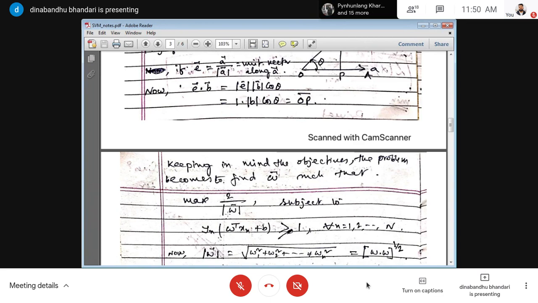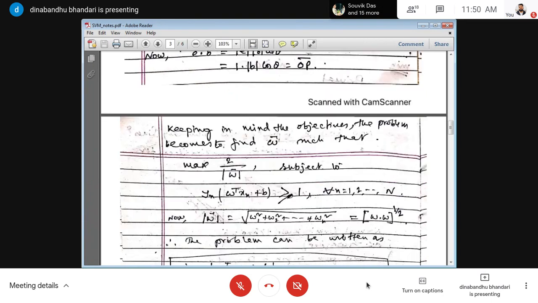So instead of maximizing 2 by norm of W, we can minimize norm by 2. It is the same. Now what is this norm? The norm is W dot W to the power half. Again, a square root. Who likes it?